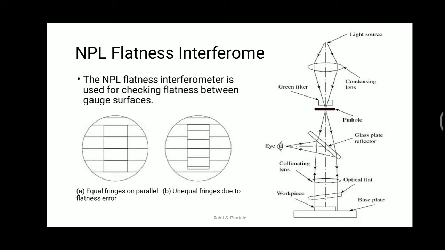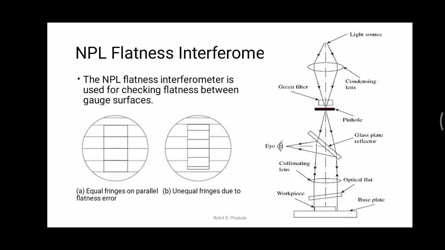For example, there are infrared rays, then ultraviolet rays. Some rays are visible to the human eye and some are invisible. Out of that, we are using the monochromatic light source in this device.